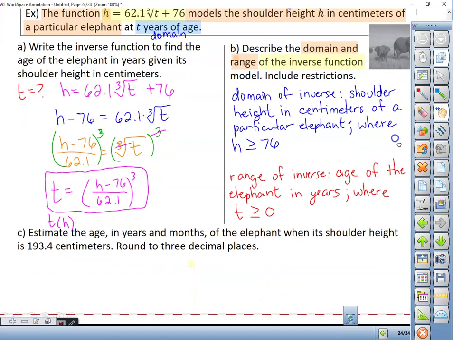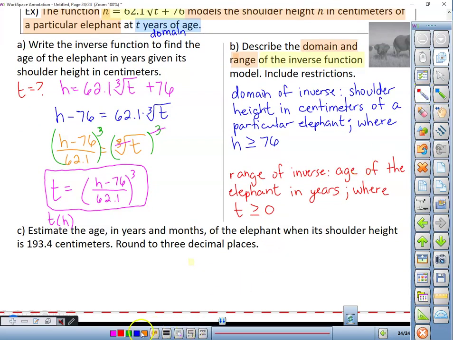All right, so now let's take a look at this application down here. So this one says to estimate the age in years and months of the elephant, specifically when its shoulder height is 193.4 centimeters. And again, round to 3 decimal places.